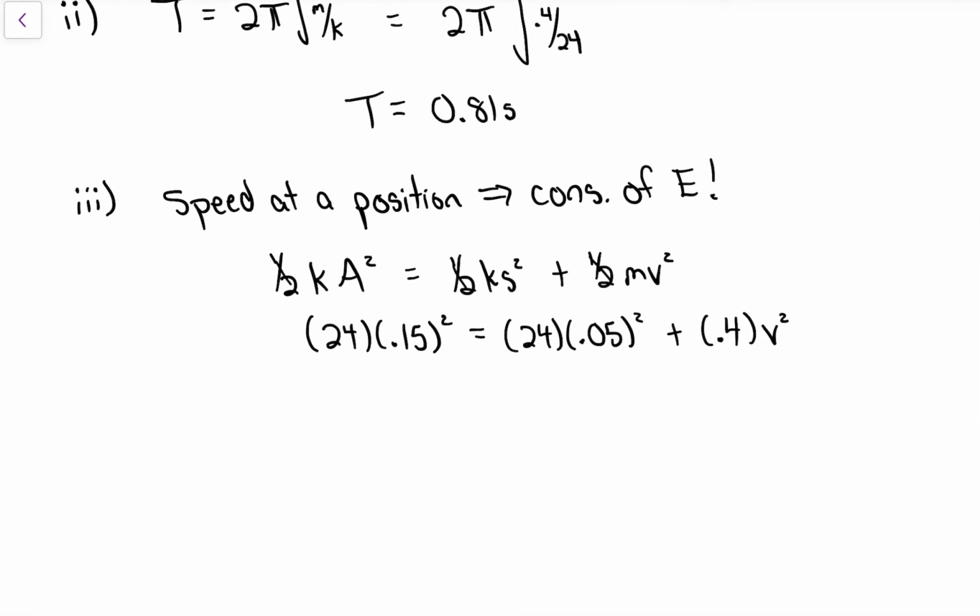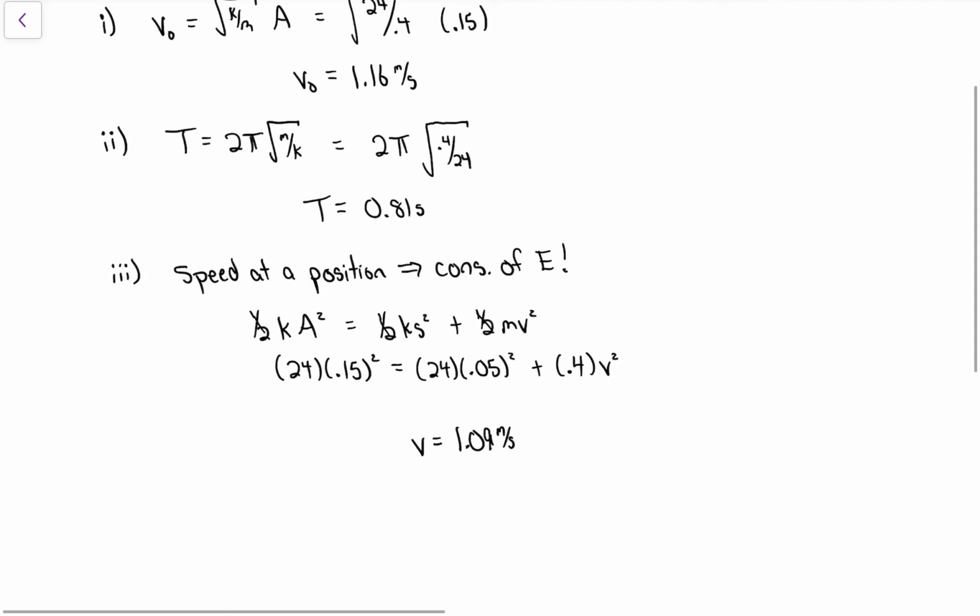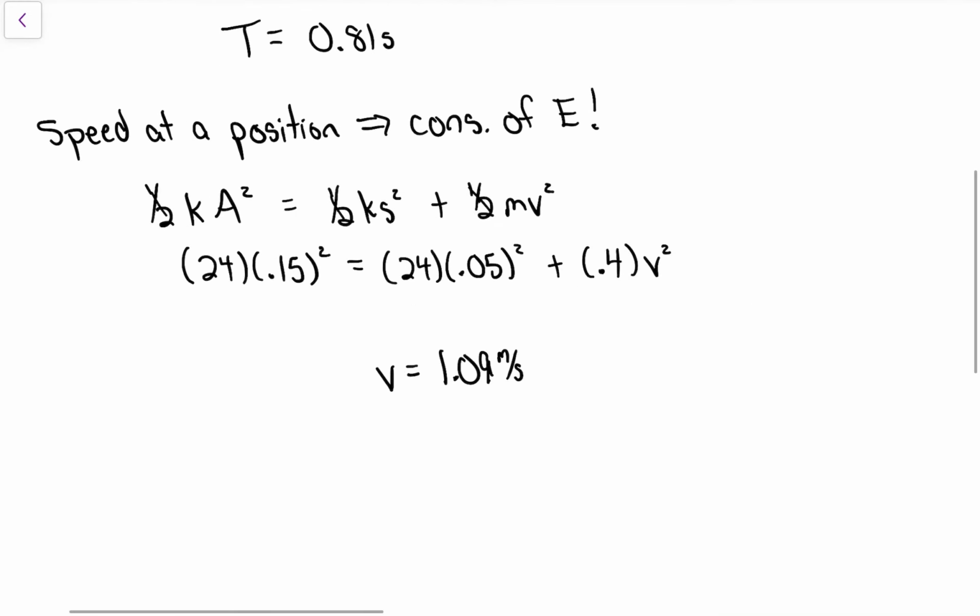So from conservation of energy, all the joules were spring potential at an amplitude, but at this partway position, it's got a little bit of each. If we do some subtraction, we can clean it up first, subtracting the k x squared over to the other side. We can do a little bit of algebra and figure out how fast it's going. The number I got when I did it was 1.09. It's close to its equilibrium position, so I'm not surprised that it's going almost the maximum speed. The closer it gets to equilibrium, the faster it goes.